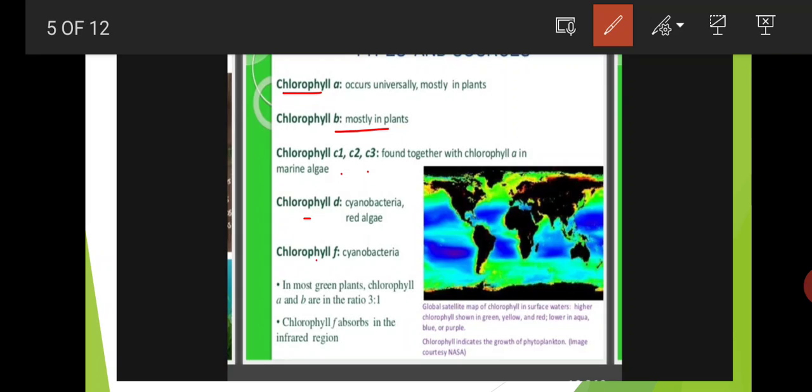Mostly chlorophyll A is present, and a little bit of chlorophyll B is also present. In plants, the chlorophyll A and B ratio is 3:1, where 3 is chlorophyll A and 1 is chlorophyll B.